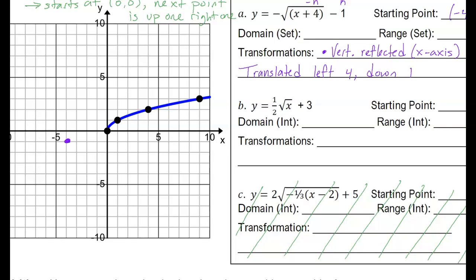From there, where do I graph my next point? Because it is reflected now, where's my next perfect point? Instead of going up 1 over 1, like the normal parent function, it's been reflected, so where do I go?